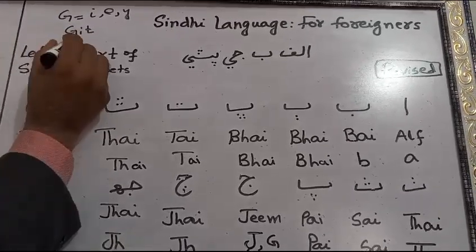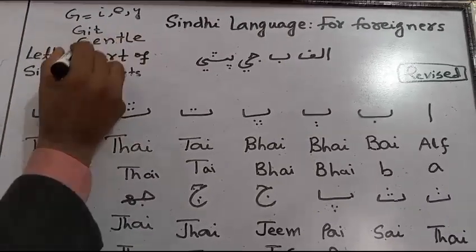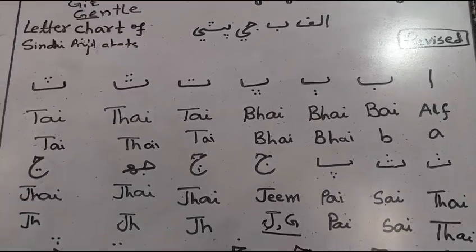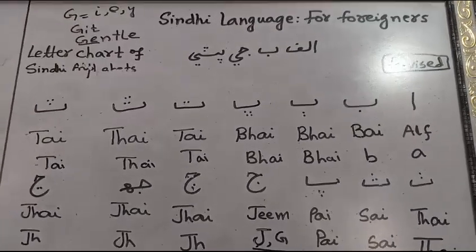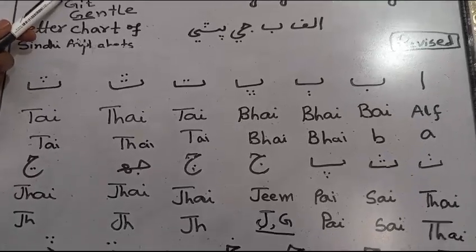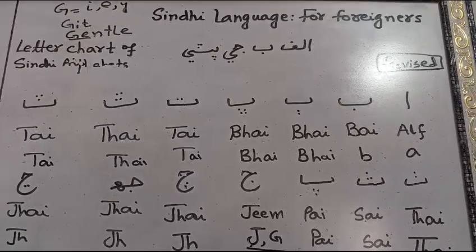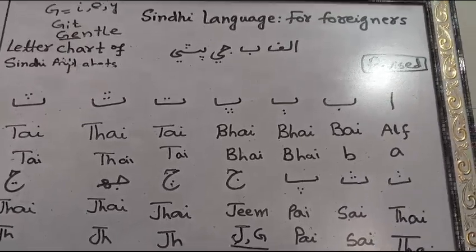G-E, dental. This compound of G and E is the Jim in Sindhi. Remember that when I, E, Y comes after G, the sound of Jim in Sindhi comes. Okay, come here now.